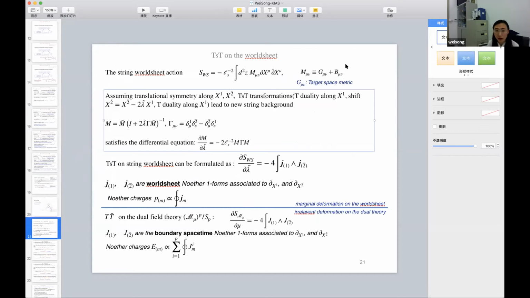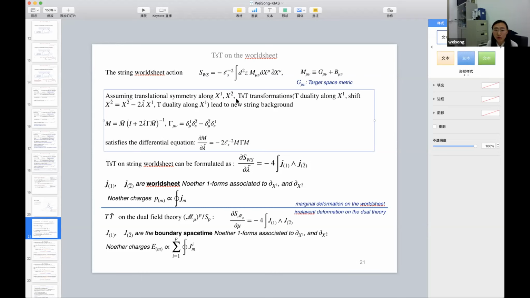We can add them up and form this matrix, which we call M. Suppose we have two global U(1) symmetries on the worldsheet, denoted as translations along the target space directions x1 and x2 bar.